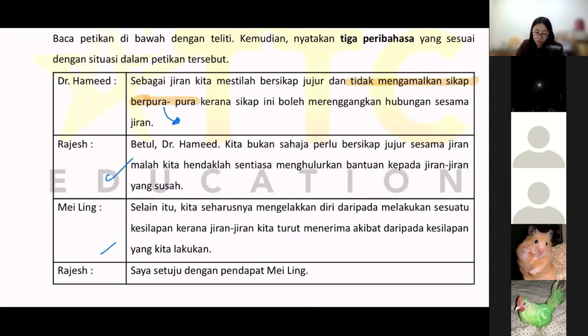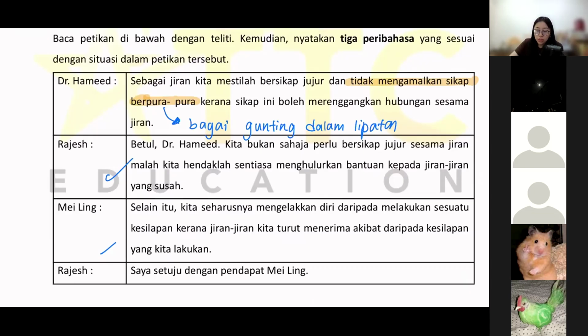So this peribahasa, we call it badai, gunting, dalam, lipatan. For example, doing something bad behind you.